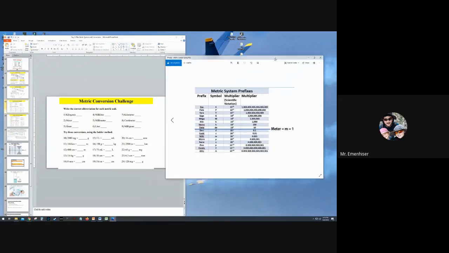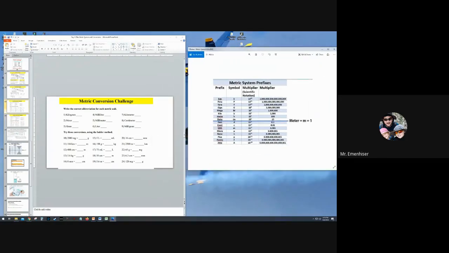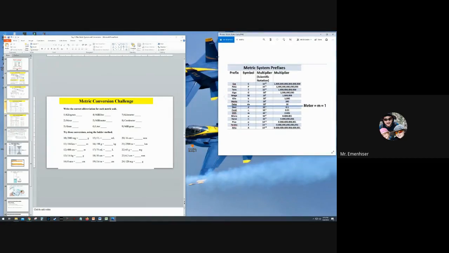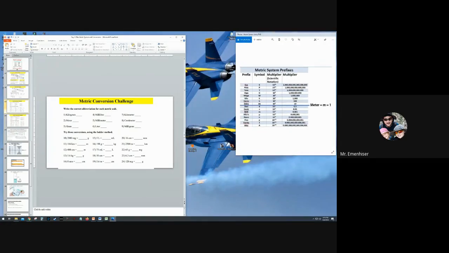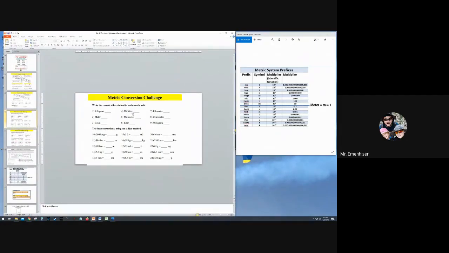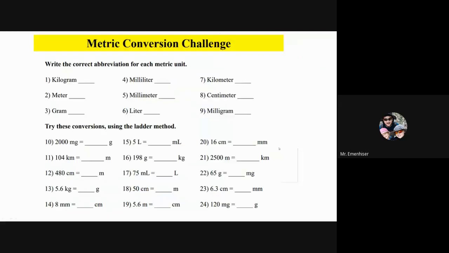Here's our metric system units. I'll make this a little smaller, put this over here, and make this a little bit bigger. I can't write on it, but we're going to be looking at this chart. I'm getting the symbols right here. And you guys have this in the PowerPoint, down here, slide 16. But I have to present in order to do this.